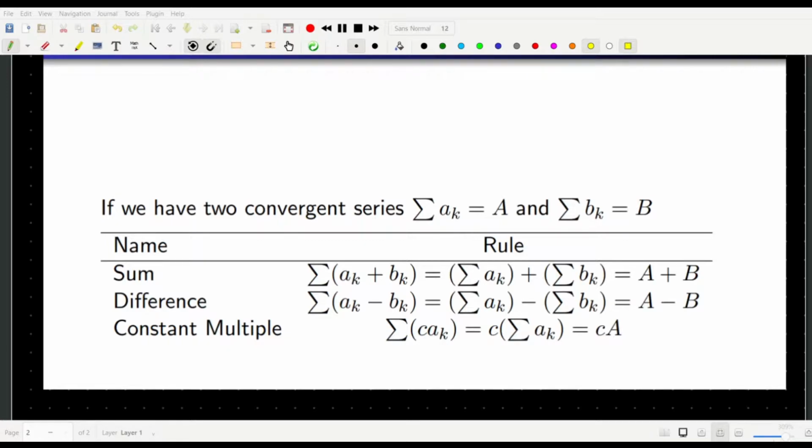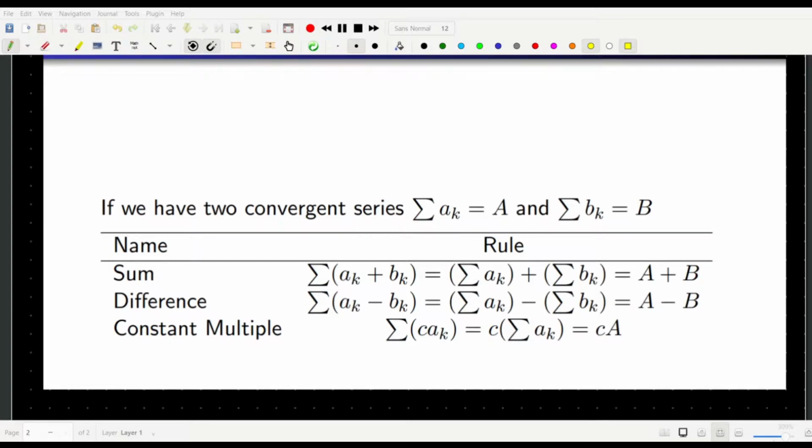Basically, if both AK and BK give us a convergent infinite series, then the limit of partial sums for each one of these has to exist. And from the limit rule, then we can conclude this result.